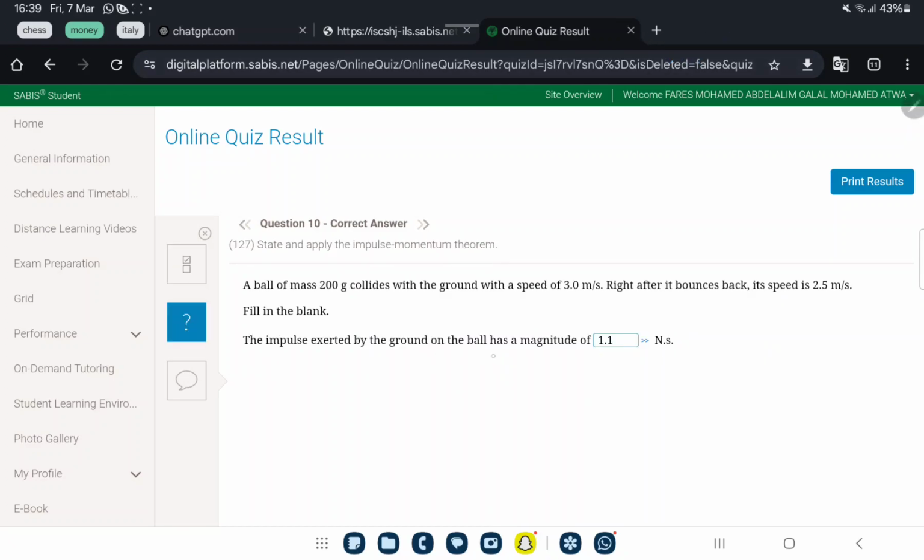Here they're asking for the impulse of a ball of 200 grams, so divide by 1000 to get kilograms, 0.2, and speed 3, and it bounces back, so velocity minus 2.5. Momentum change equals J impulse. They want the impulse, so J equals the change in momentum.